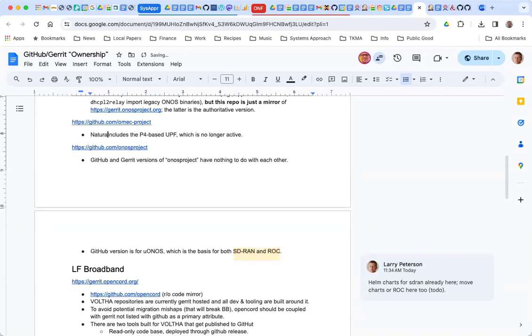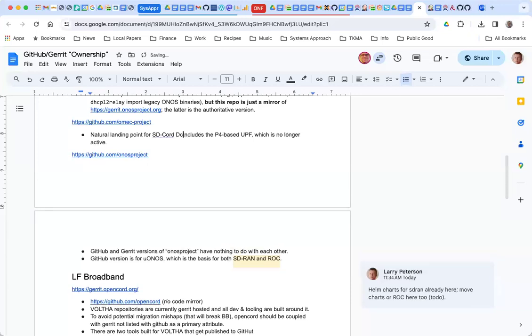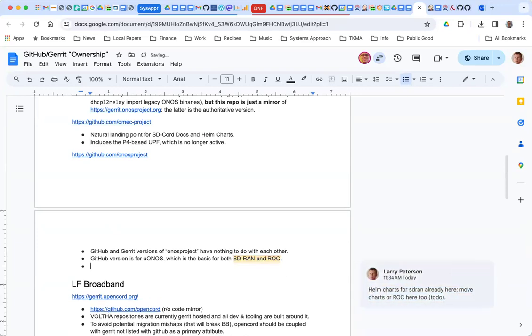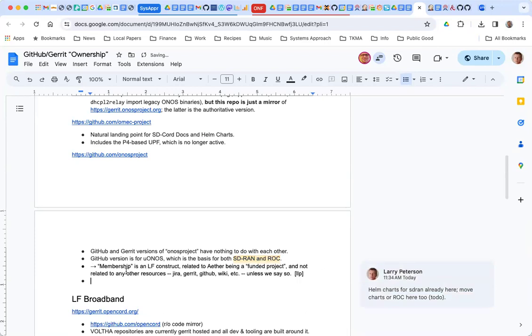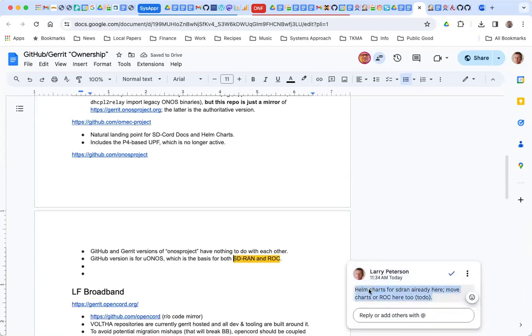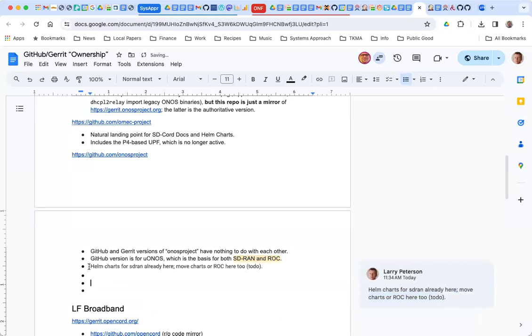The first move is the natural landing point for SD Core docs and Helm charts. Actually, let me elevate that into the document. I don't need to make it a comment. Whoops, that's not the one I wanted. Good.